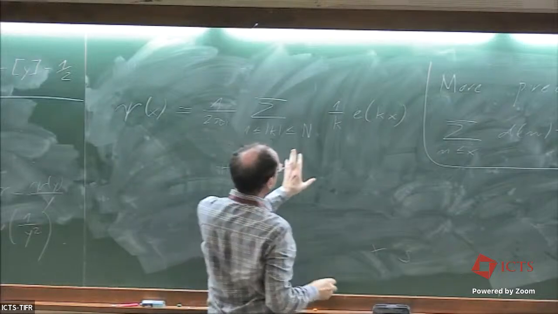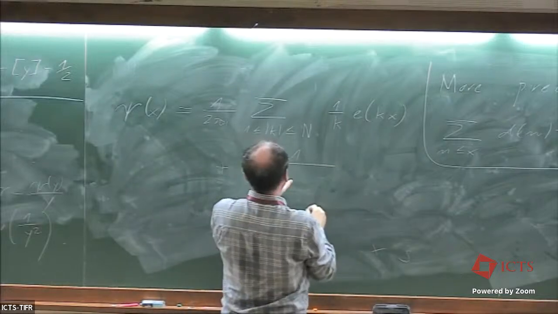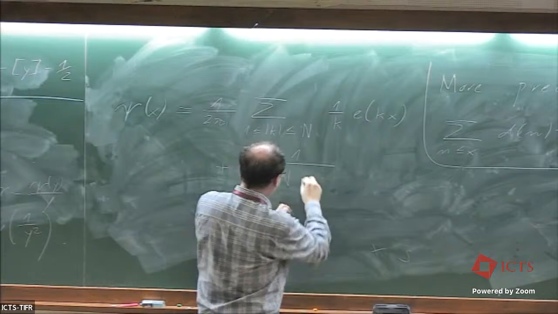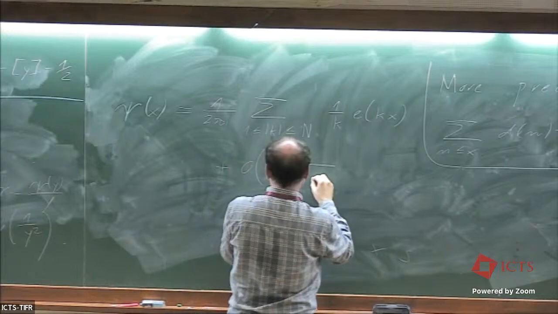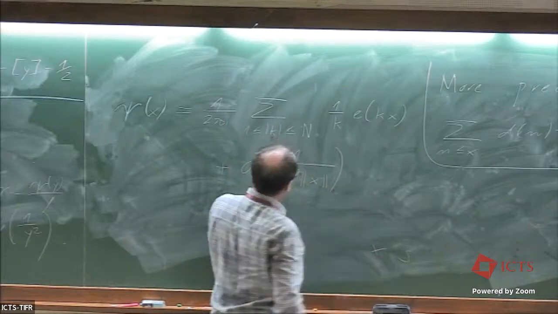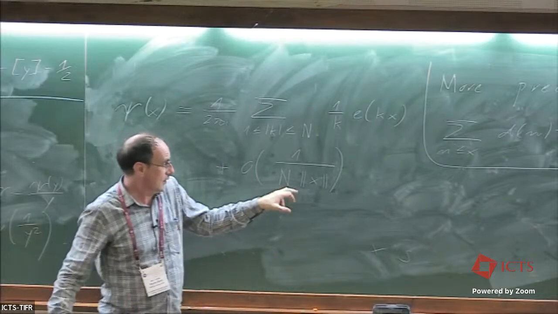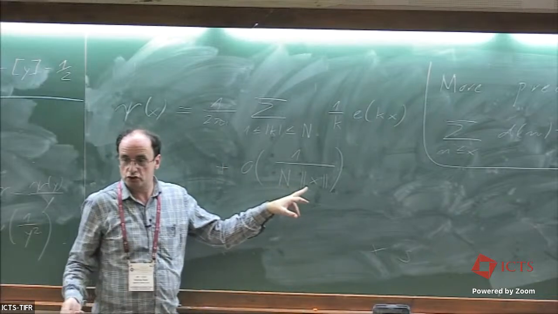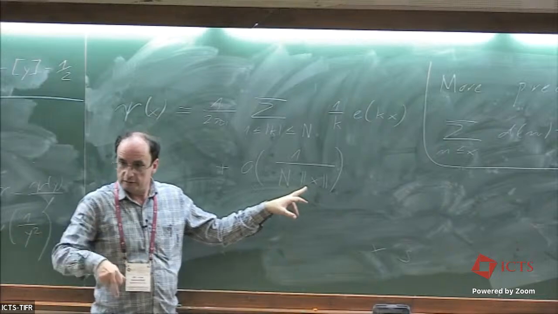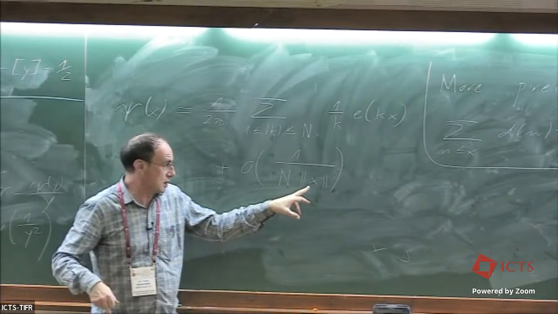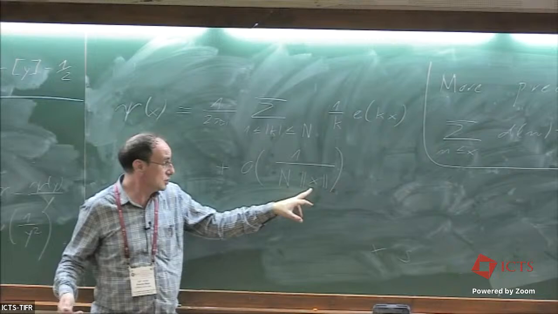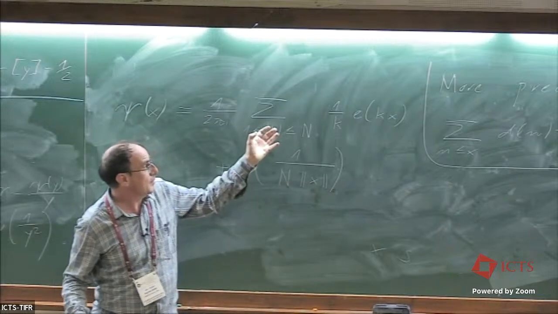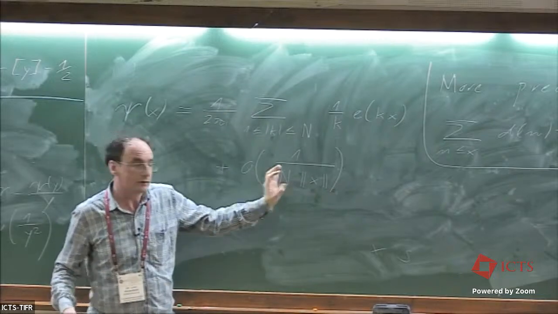The error term turns out to be of size 1 divided by n times the distance of x to the next integer. So the error term gets worse if we approach an integer by x. If we are close to an integer, then we will get a bad approximation.